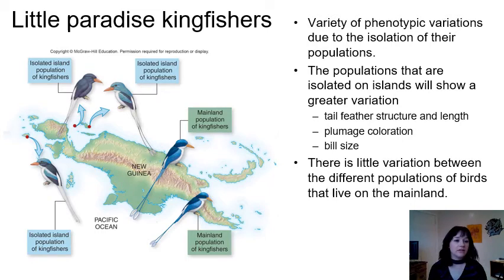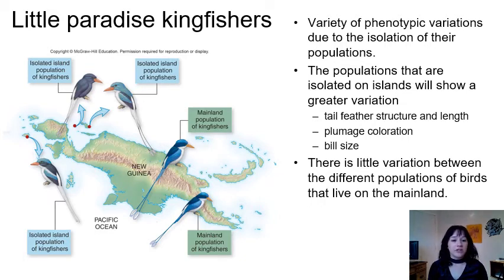So you can see that on some islands they have shorter tails, they have different colors, right? Bill size is different. And so because these birds were geographically isolated on these different islands, they were not mating with each other, so there was no genetic exchange, and over time they became more and more unique.